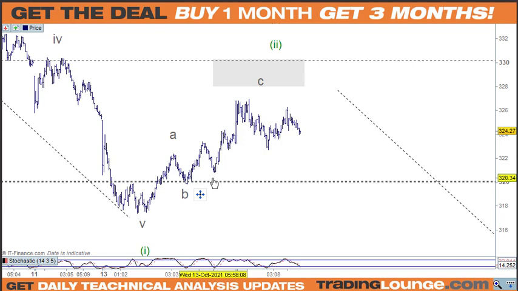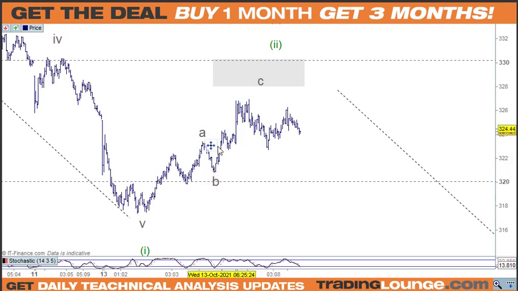Doesn't look like it's finished. It can even go to there, I think, based on that little 1 and 2, then 1, 2, 3, 4, 5 for the nice third wave, fourth and fifth. B's a little bit small, and then we're still a wave short.